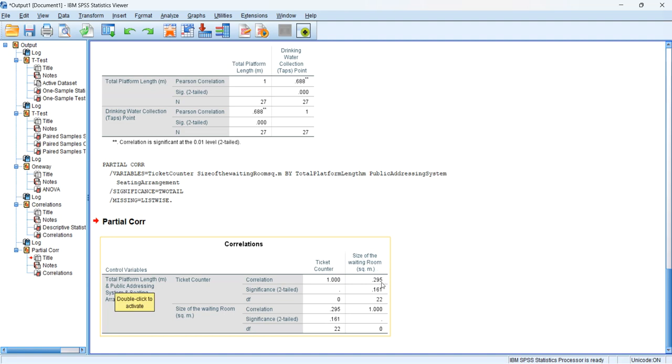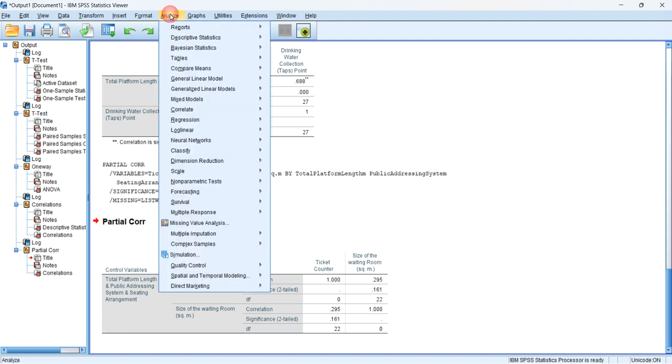So these two are not statistically significant. That is also not statistically significant, because based on the value you can easily understand whether it is statistically significant or not. This is not statistically significant, because I have only this data set. If you have a real-time data set, then you can understand better.